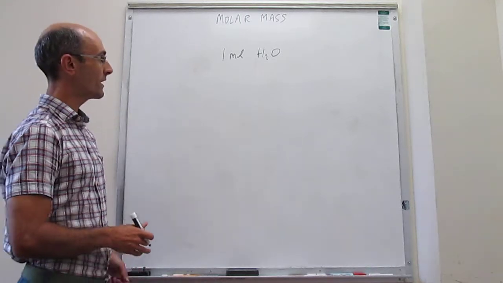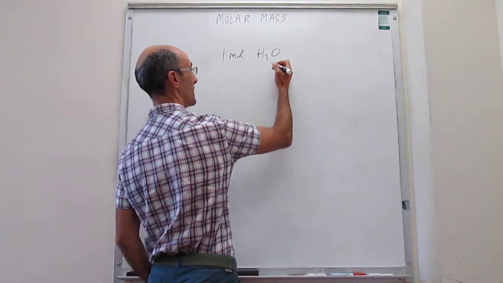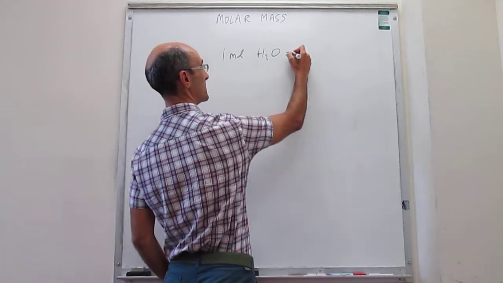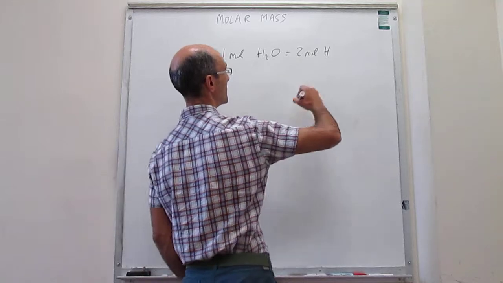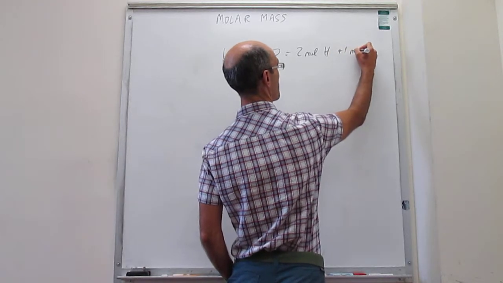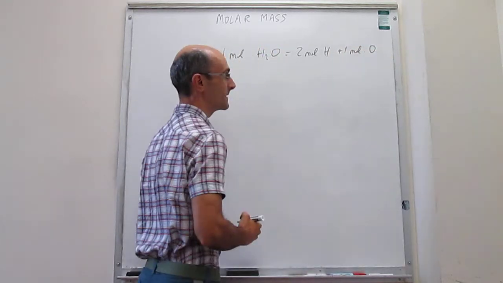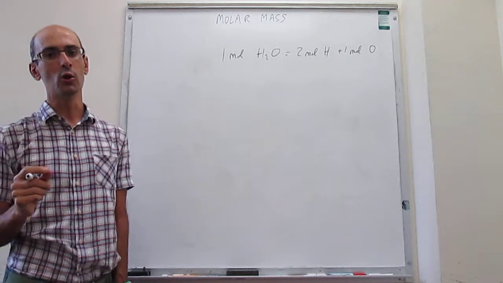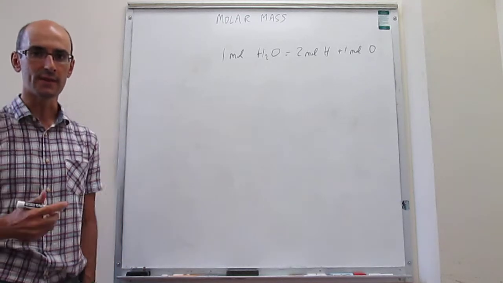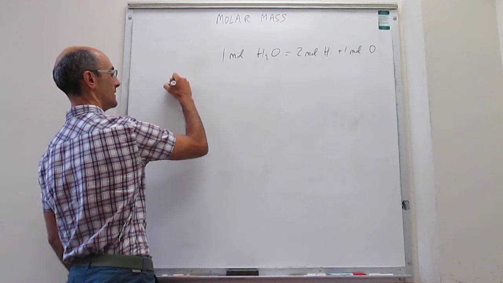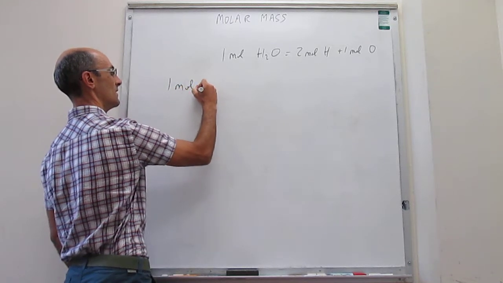Right, so what we actually notice here is that every mole of water contains 2 moles of H and 1 mole of oxygen. And notice that because the mole always contains the same number of entities, this also happens at the atomic level. So we have that this conversion is exactly the same at the atomic level.